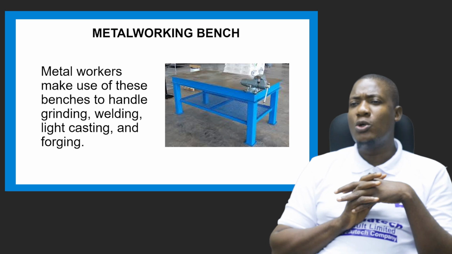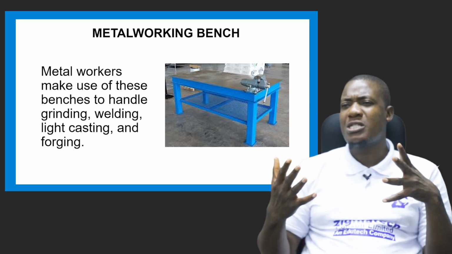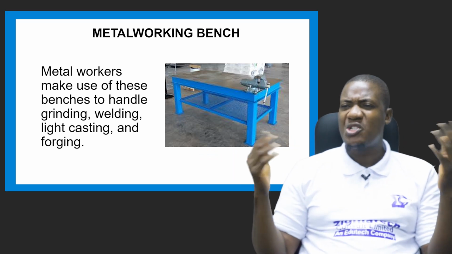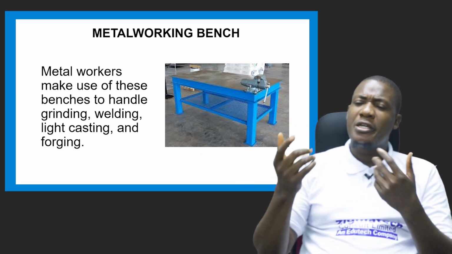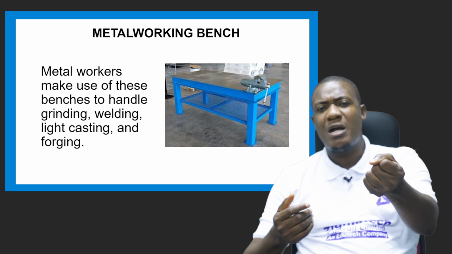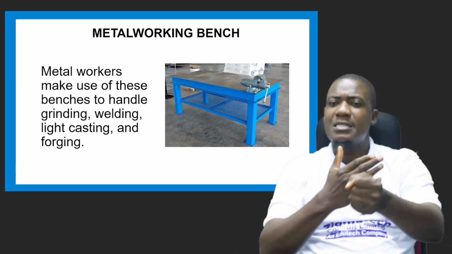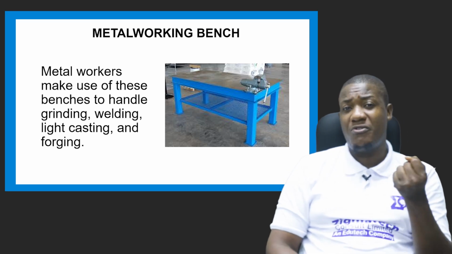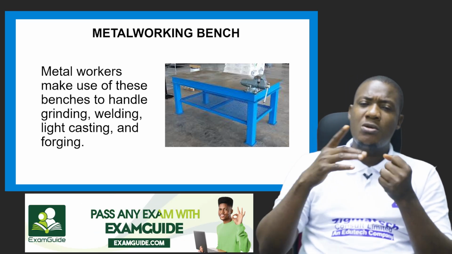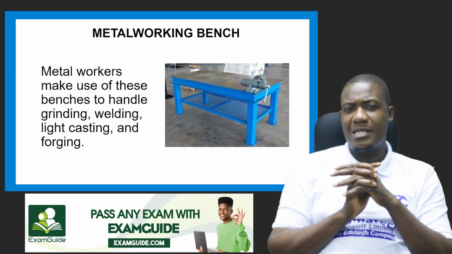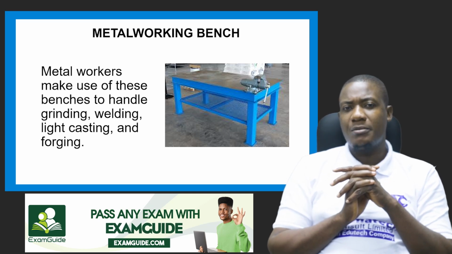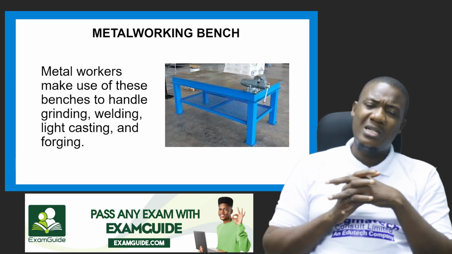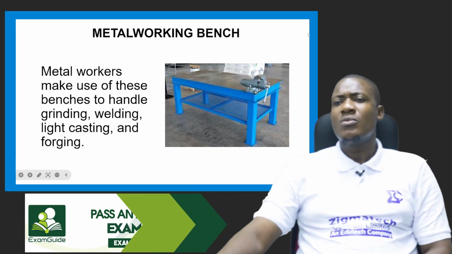When they want to hold a workpiece, maybe they want to cut metal, maybe metal sheets or a metal rod, it's difficult to hold a metal rod cleanly and try cutting it with your hacksaw. But when you have it clamped on the vise, you can easily work on it with less stress.